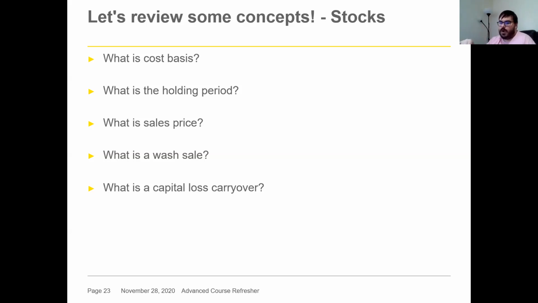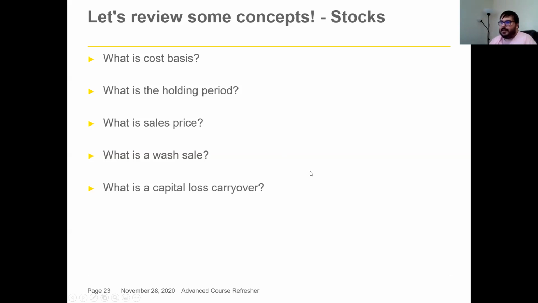That will generate a wash sale where the IRS will not allow you to take that loss, because the idea is that, well, you just tried to generate the loss. You didn't really divest of that ownership.